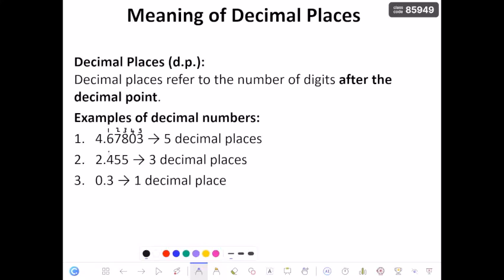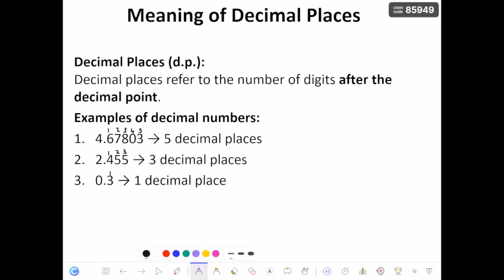Then if you look at number 2, this is 1, this is 2, this is 3. So there are 3 digits after the point. That makes it a 3 decimal places number. Then the last one only has 1 number after the point, which makes it a 1 decimal place number. So the digits after the point are what we call decimal places.